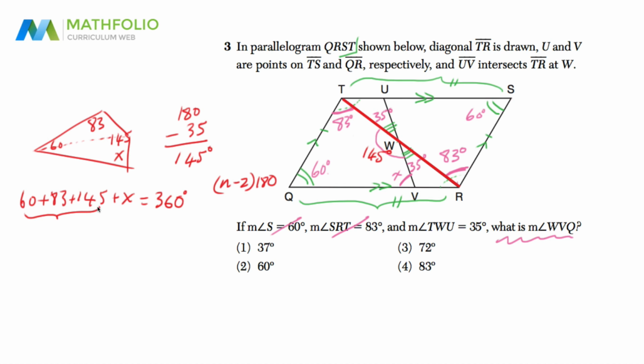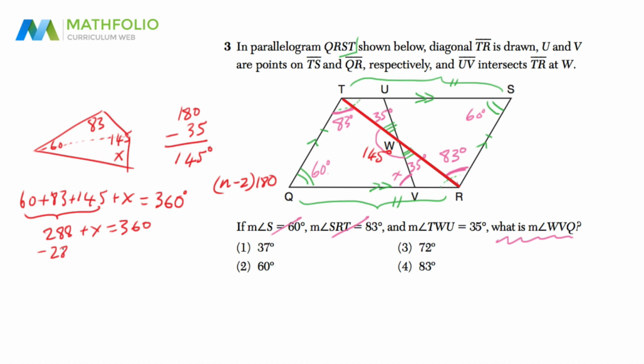So if we add these three numbers up, I'm going to grab a calculator right now. Okay, so I was being a little lazy, but the answer I get is 288. So this becomes 288 plus X equals 360.